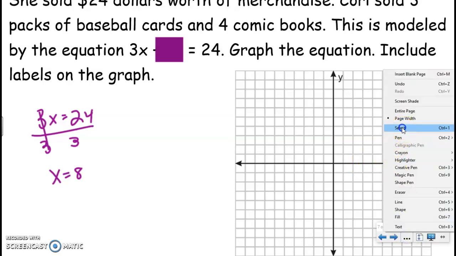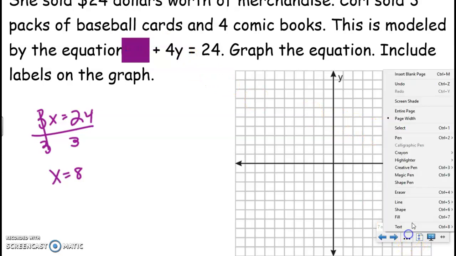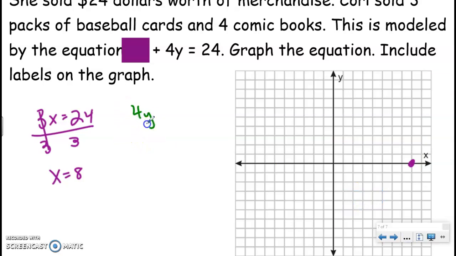And if I move that over to cover up my x, I am left with 4y equals 24. Divide by 4 on both sides, you get your y-intercept is at 6. 1, 2, 3, 4, 5, 6.